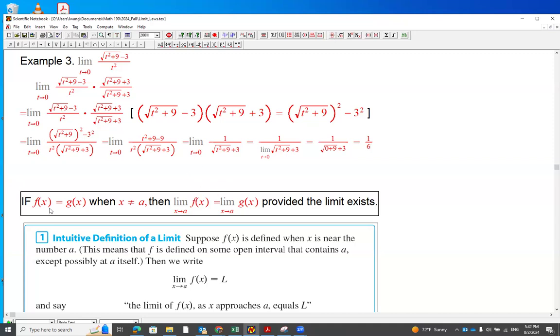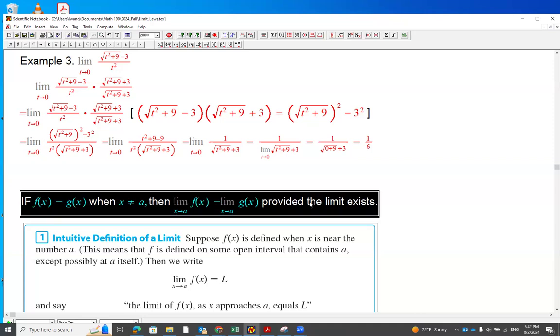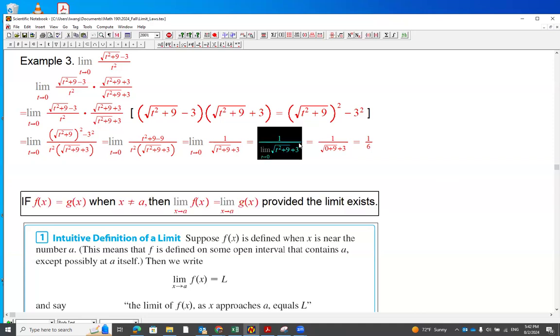Then you can see the limit law applies. Along the way, we have used this property on the latter steps, and we have used some algebraic techniques. We also used the intuitive definition of limit. What part of the intuitive definition of limit? Well, x is approaching a. In our case, t is approaching 0, but it is not 0.